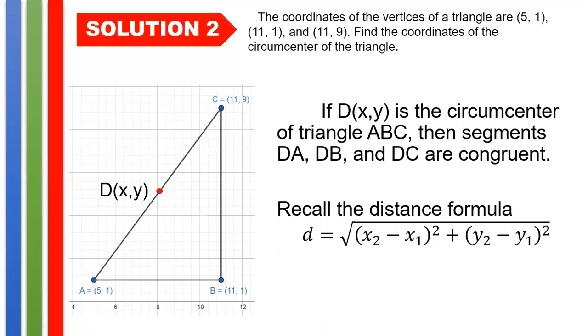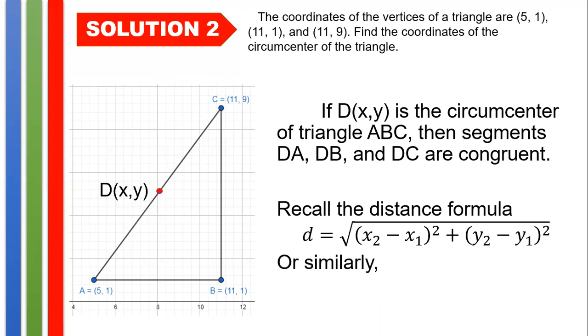And the distance formula is, if you have two points, (x sub 1, y sub 1) and (x sub 2, y sub 2), then d is equal to the square root of the quantity: the square of the difference of x sub 2 minus x sub 1, added to the square of the difference of y sub 2 and y sub 1.